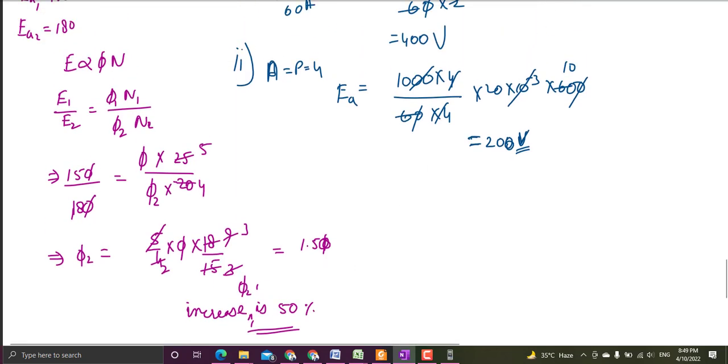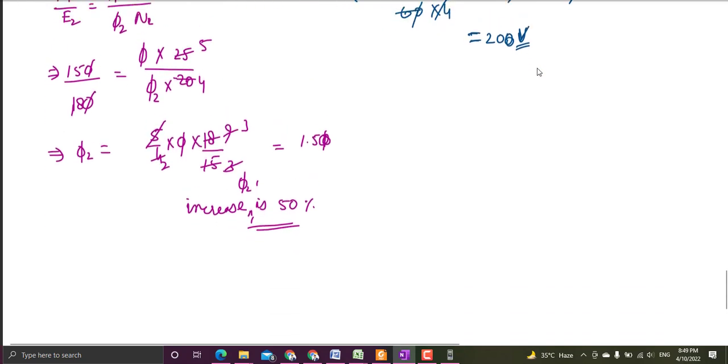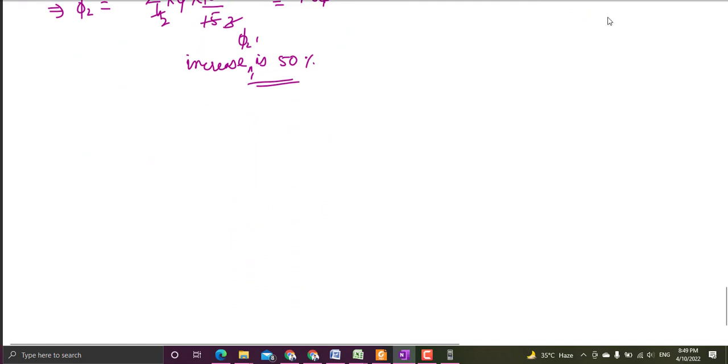So moving to the next concept, types of DC machines. Now we have the classification of DC generators.